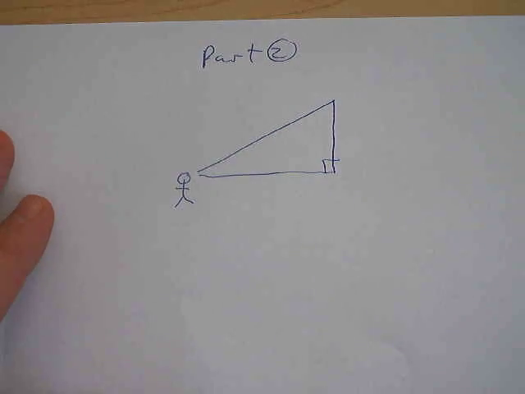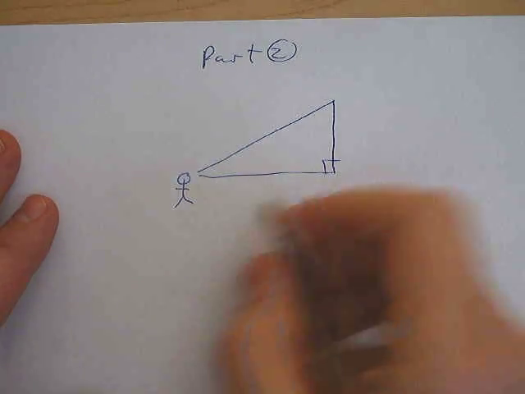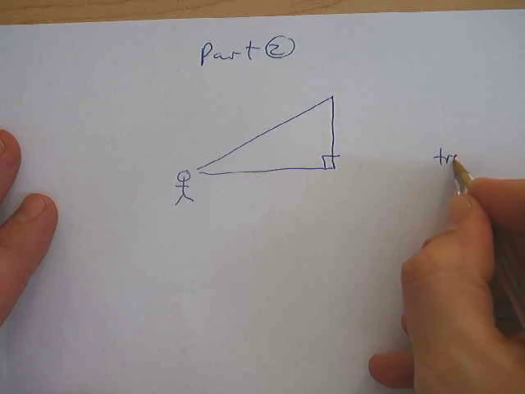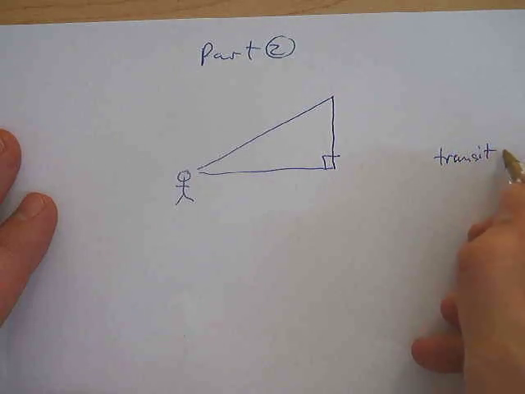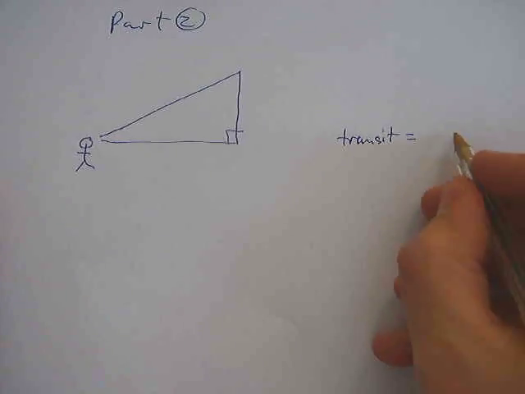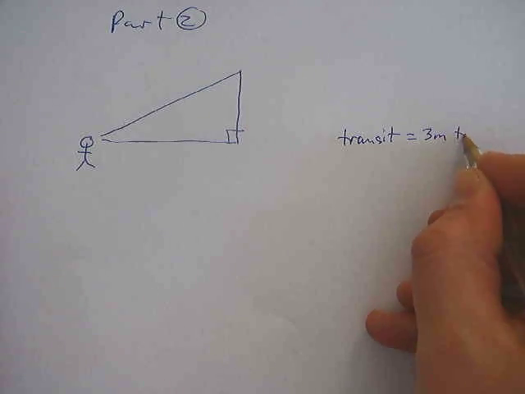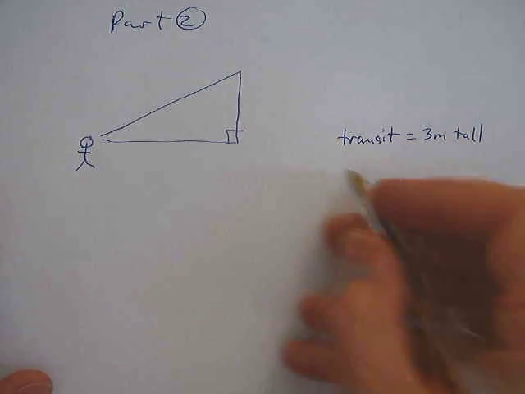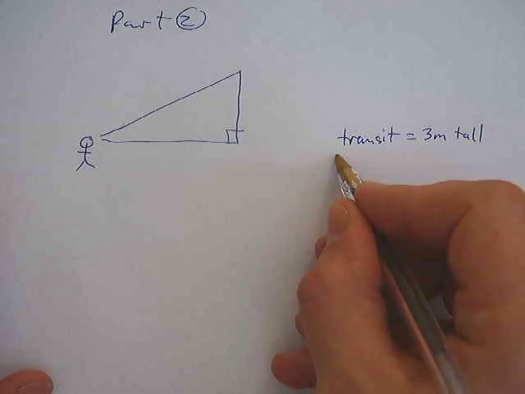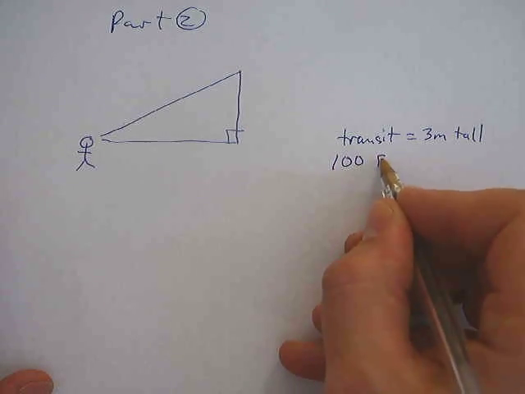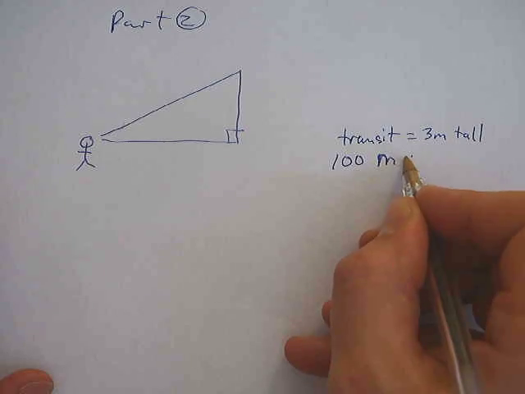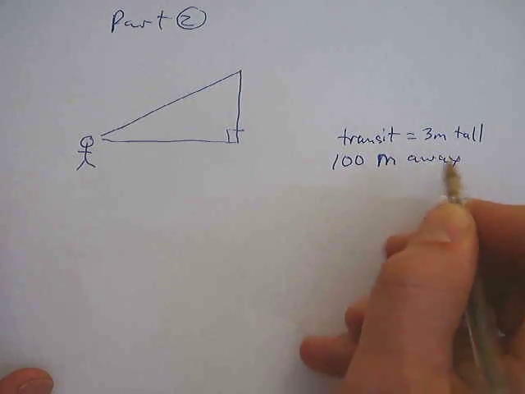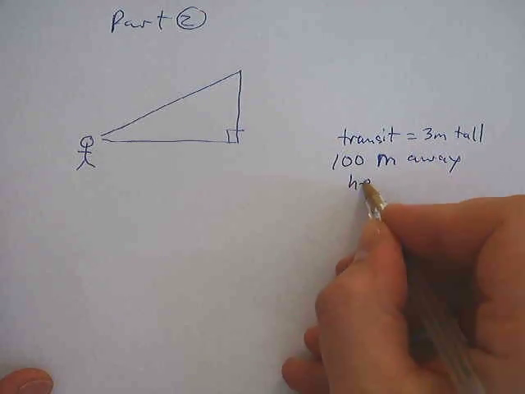Let's say they say the transit is 3 meters tall, and they're looking at something that is 100 meters away. We want to know the height.